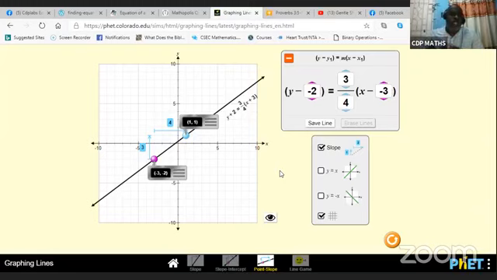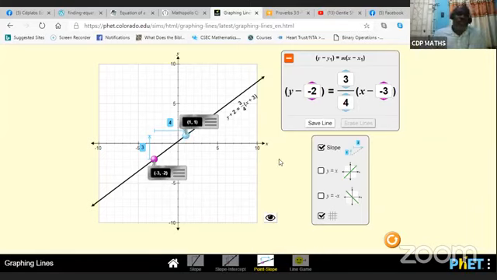Which of the 2 points is Y1 and X1? Is it negative 3, negative 2, or 1 and 1?